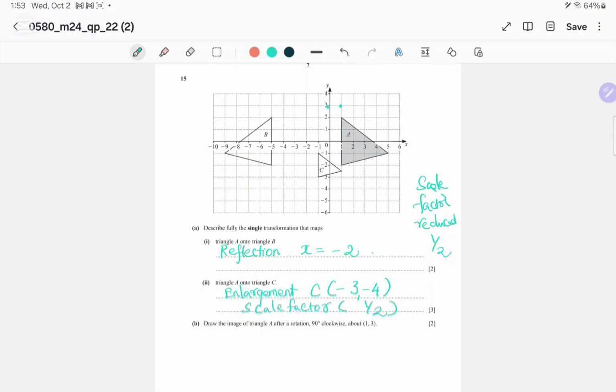The second point will come to minus 3 comma 1, somewhere around here. And the last point will come around minus 4, 3 here.